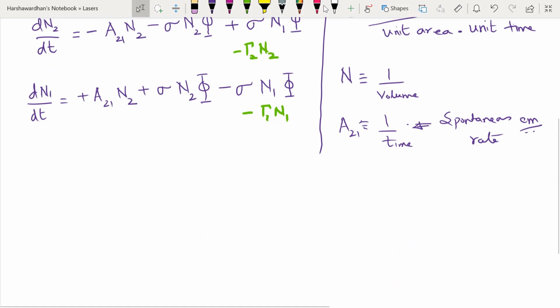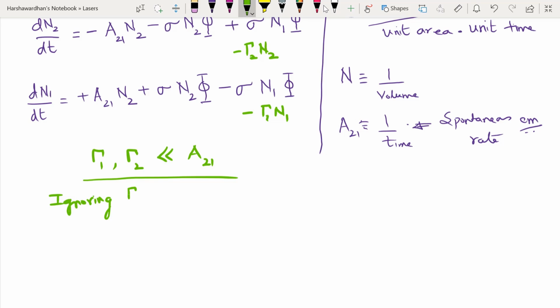Of course, what we are saying is that this gamma 1 and gamma 2 are much, much smaller than the corresponding rates, for example, the spontaneous emission rate. And hence, ignoring gamma 1 and gamma 2 is actually leading us to something called the two-level atom approximation, right?